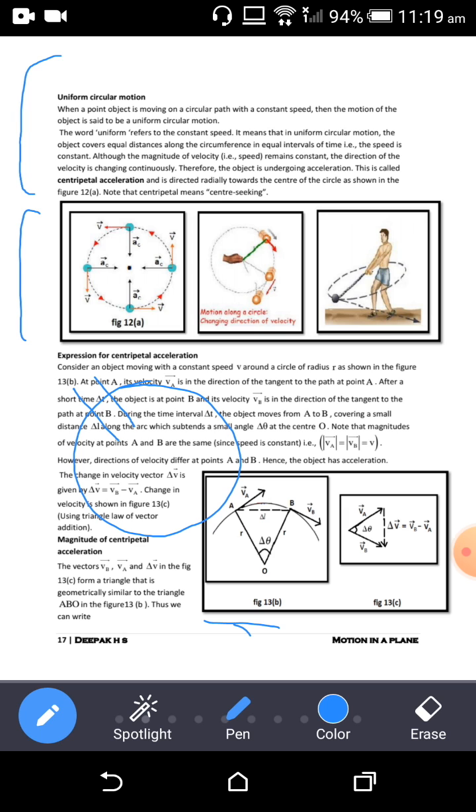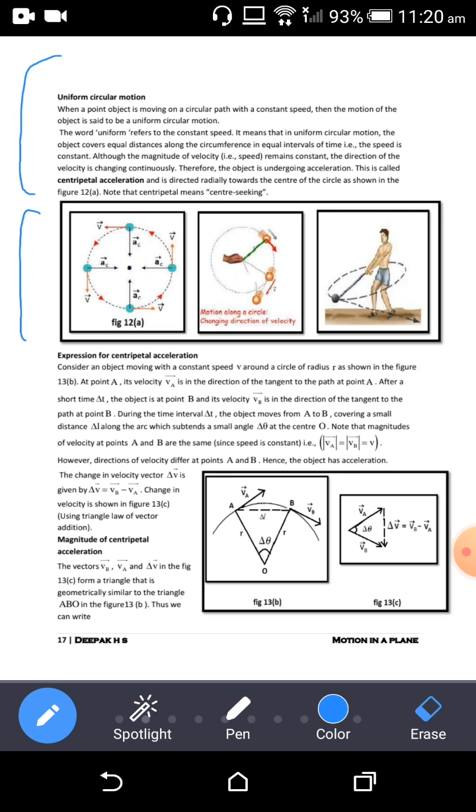Only when you consider a greater part will you come to know it is an arc. But when you consider a very small part, we can consider that as a straight line. You can see from point A to point B, we have drawn a straight line there, which covers a small distance, that is delta L. So this is the explanation of the figure.